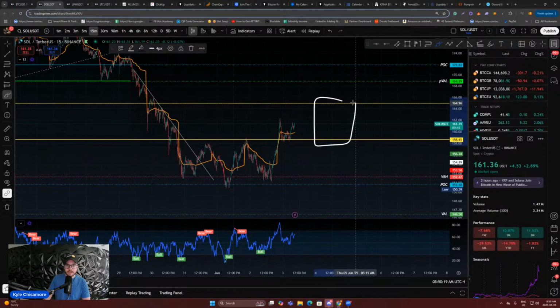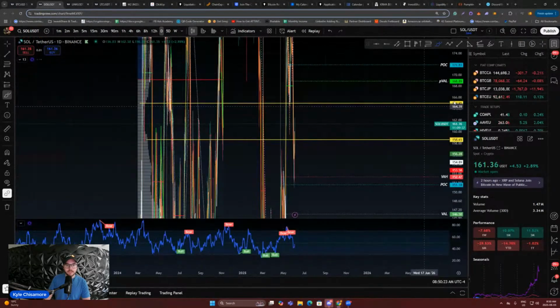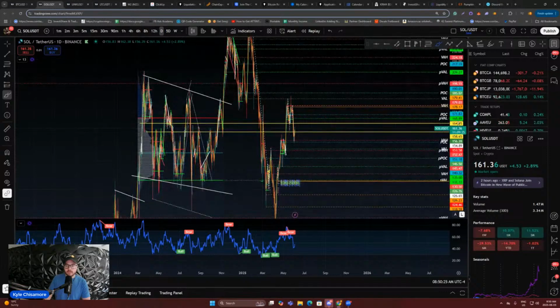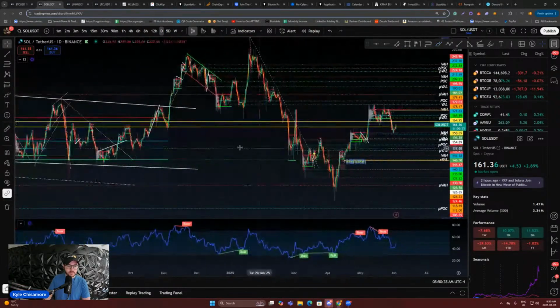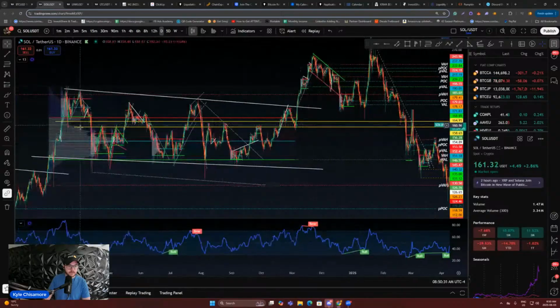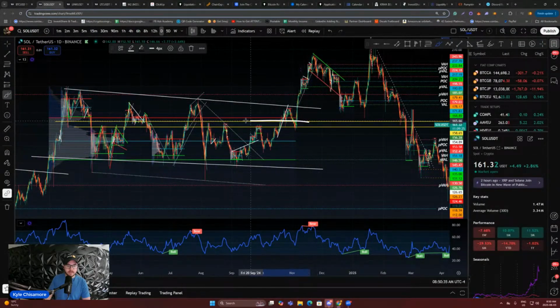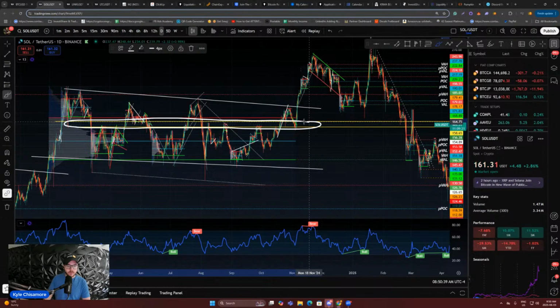Between here and here is a huge volume gap. I'll zoom out again just so you guys can see it on the daily. This is where we typically move really quickly. On the lower time frames it may not seem quick, but on the daily we almost never stay in here. We move quickly each and every single time we get through this area.